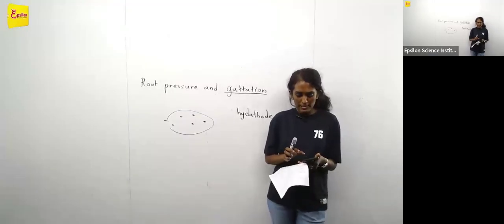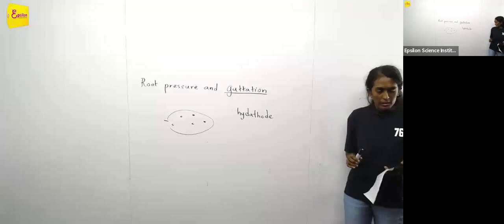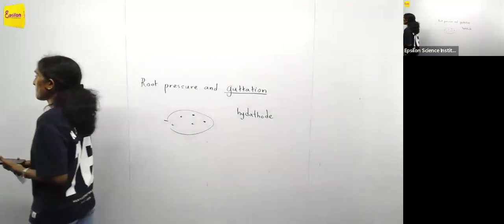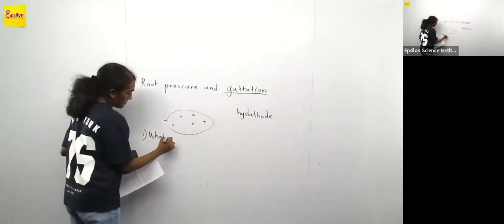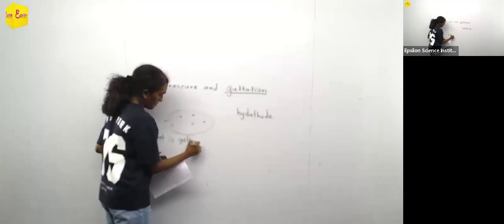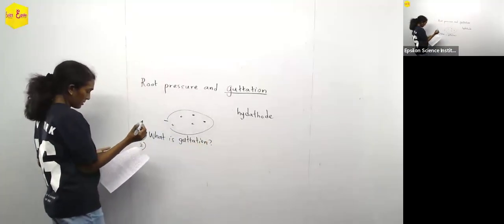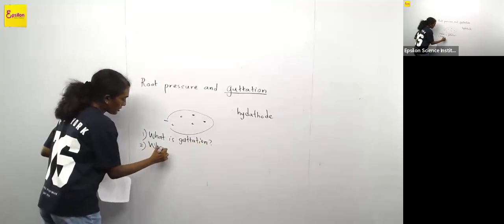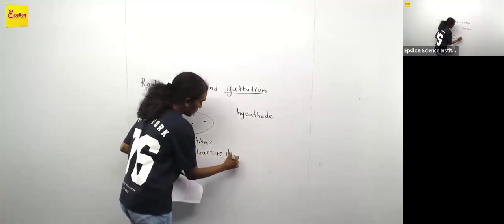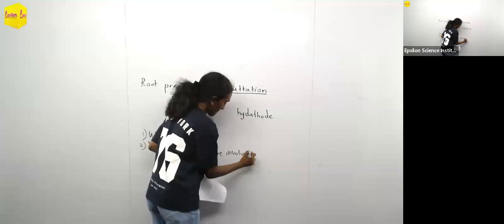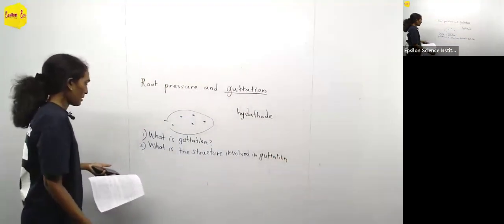So when the transpiration is there, guttation is not happening, right? Can you understand? Write a question. What is guttation? What is the structure involved in guttation? Number 3.